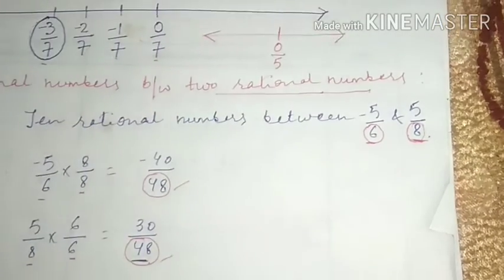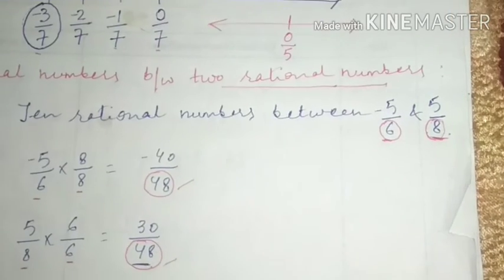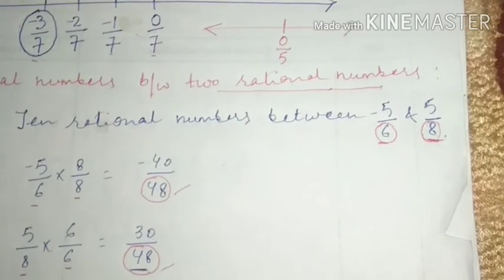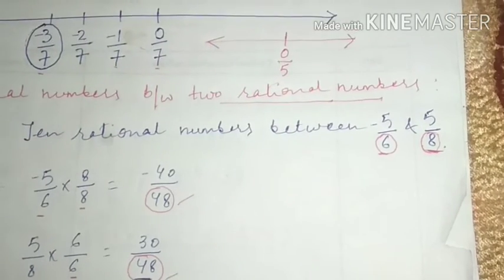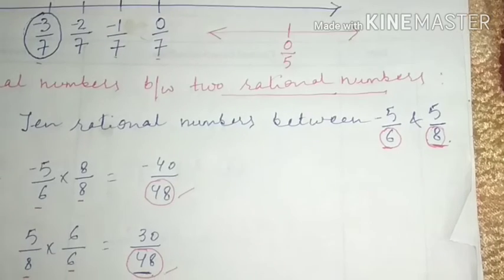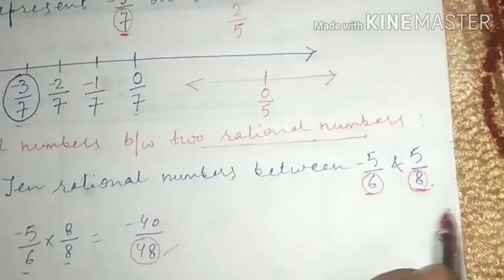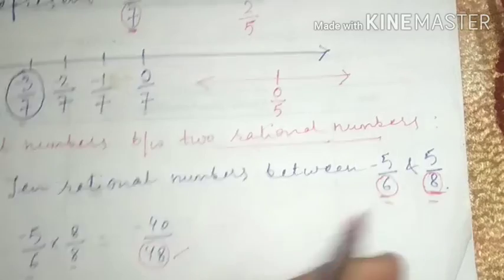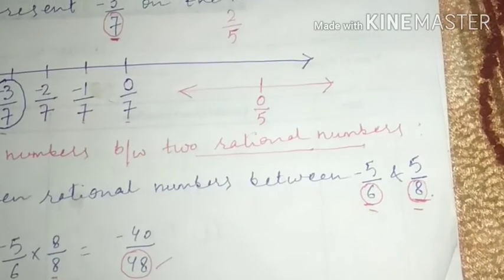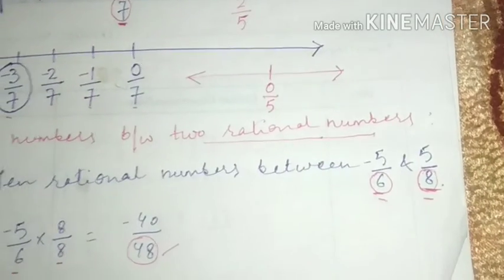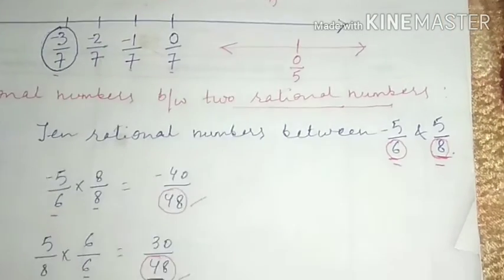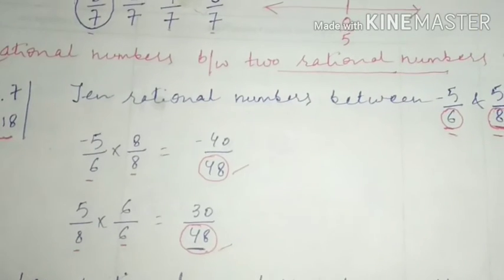And you can use another concept of making the denominators of rational numbers the same. You can take the LCM of 6 and 8, the denominators of these two, and then you can multiply accordingly.